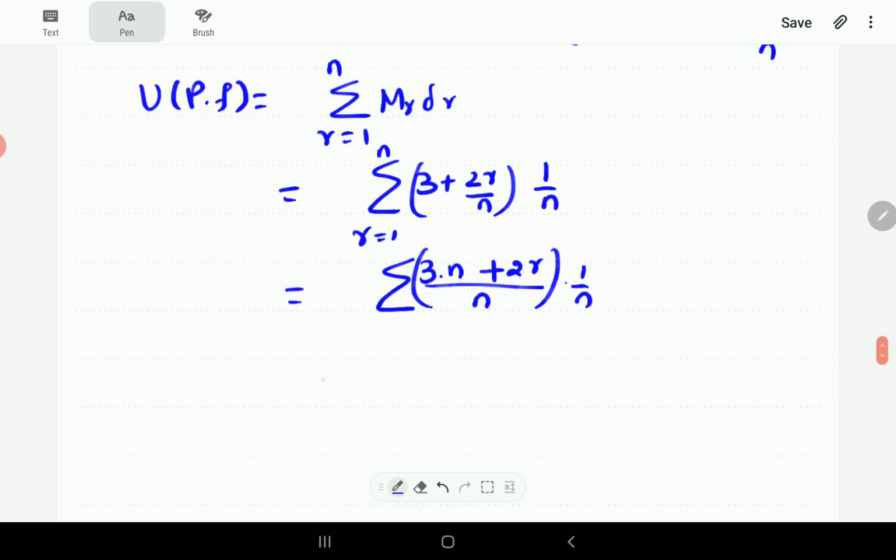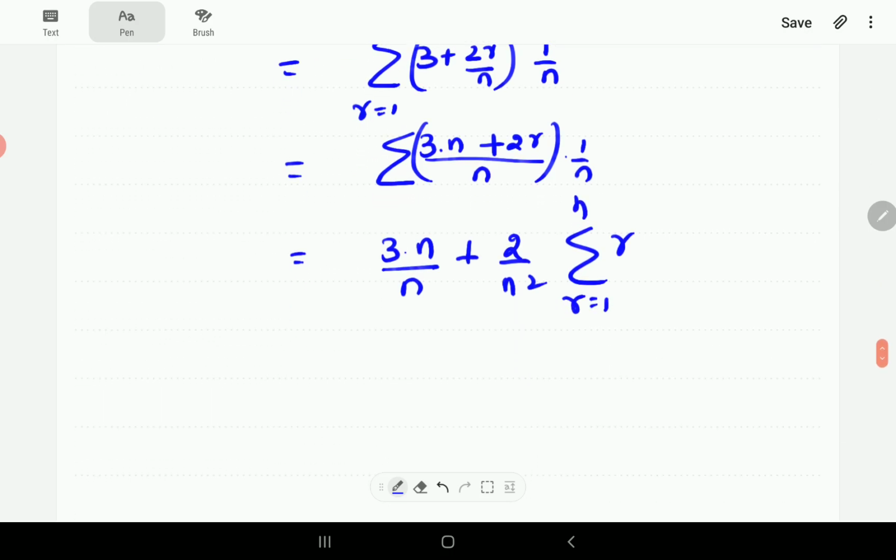So this will be simply, if I take n out of the terms that are free from r, we will take here 3n by n. Then this one will be 2 by n, this n and this n, it will be n square, plus 2 by n square summation of r, where r is running from 1 to n.